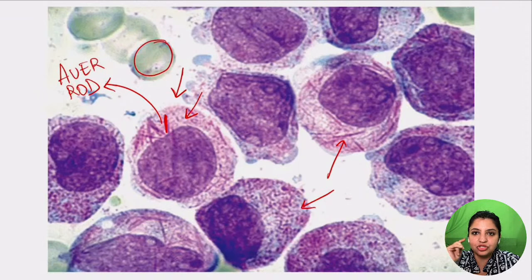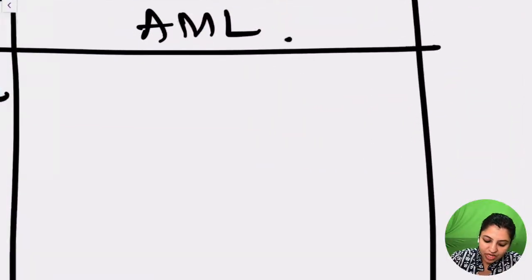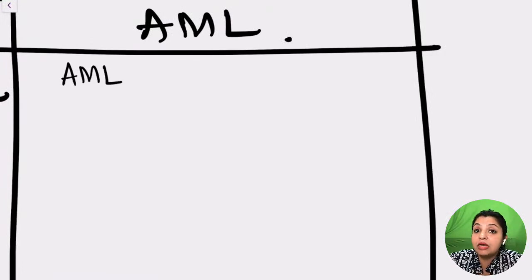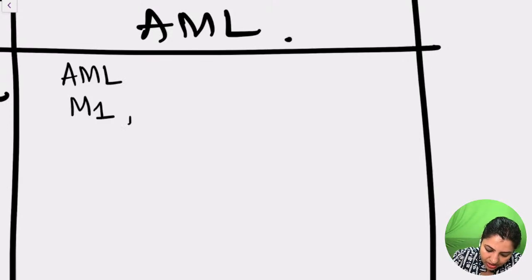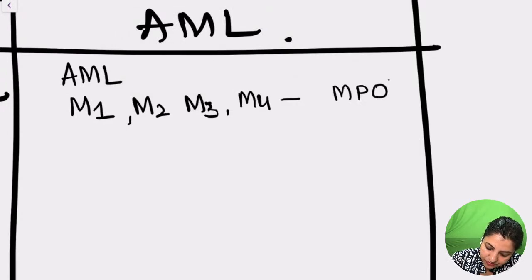Special test. Whenever I'm talking about AML, remember that we have approximately 7 types of AML on the basis of morphology. M1, M2, M3 and M4 will be positive for MPO.